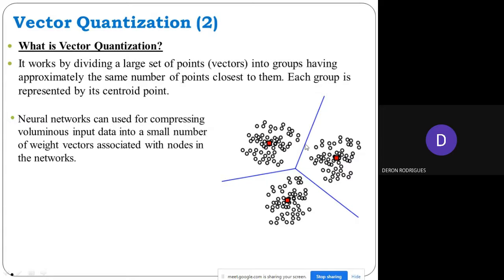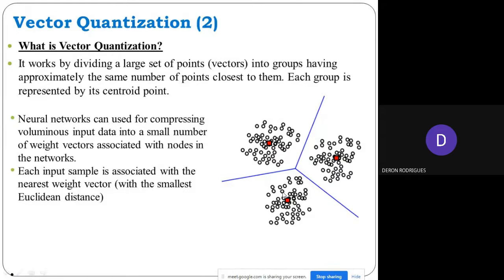So if I am dividing into three regions, I will have three centroid pattern vectors. Okay, so that is the reason we are able to compress the data from so many pattern vectors into just three vectors. Now, each input sample is associated with the nearest weight vector.